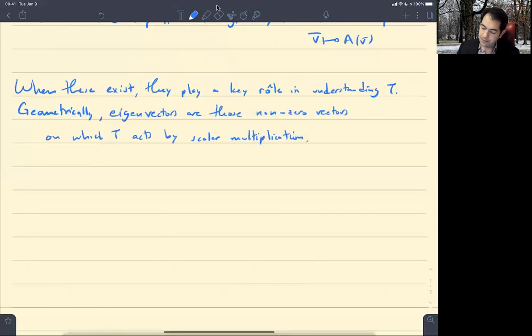That is to say, T changes their size, but not their direction.